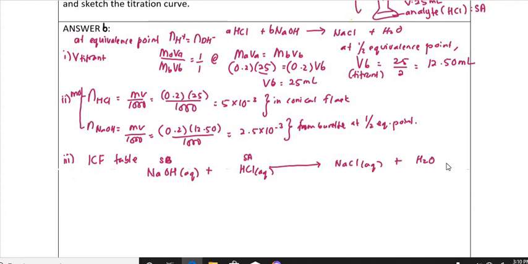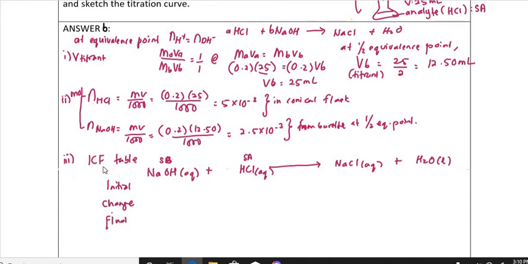Okay, your H2O is liquid. Okay, why I use AQ for this salt? Because the salt is completely dissociated. Okay, now I for initial, C for change, F for final.